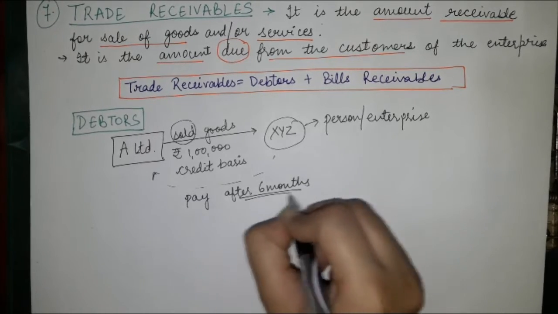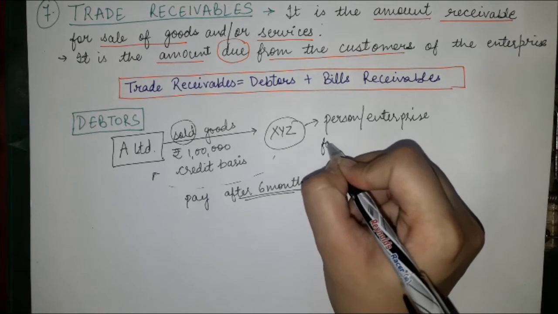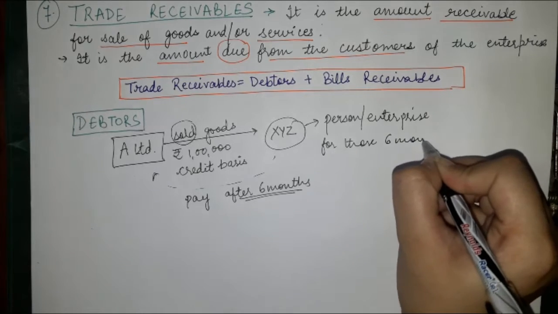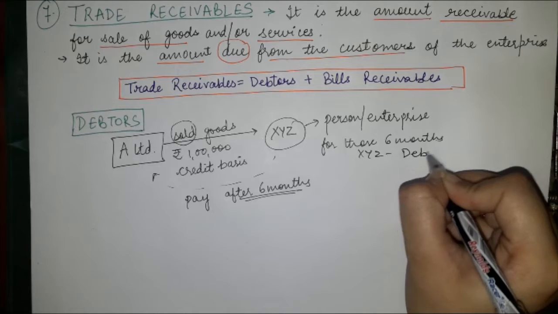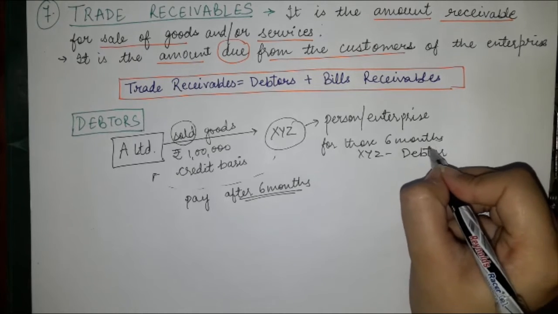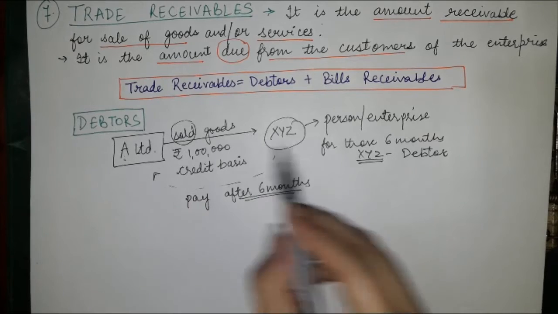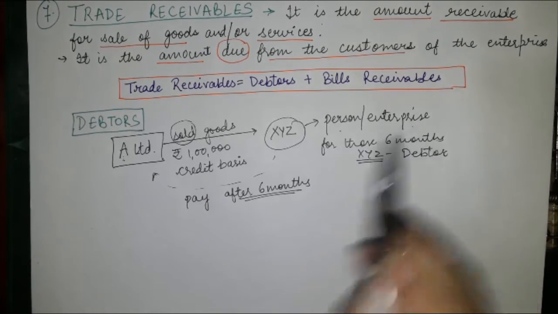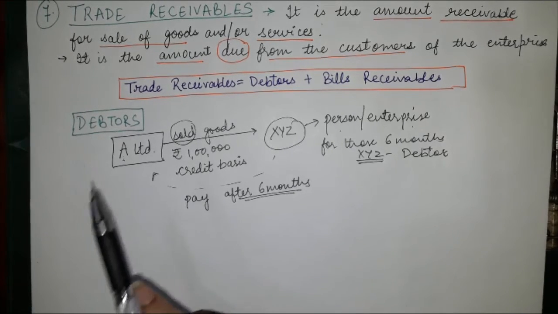For those 6 months, this XYZ is called your debtor. जब तक वो पैसा नहीं देता, वो इस कंपनी के लिए क्या कहलाएगा बच्चों? डेटर. वो चाहे पर्सन हो चाहे एंटरप्राइज हो, क्योंकि हमें इस इंसान से पैसा लेना बाकी है.